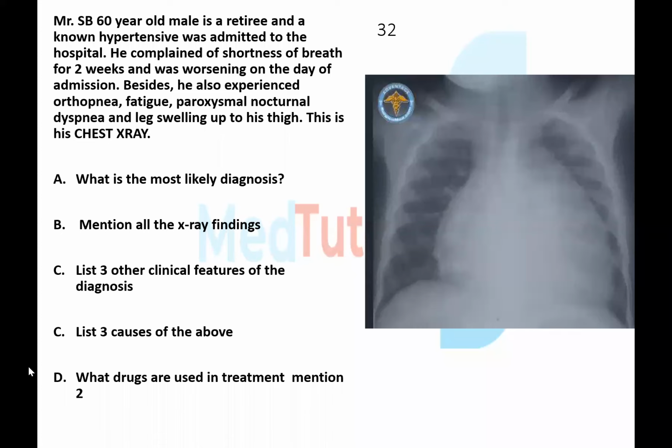Okay. What drugs are used in the treatment of the above disease mentioned? So how will you treat this condition? Among the drugs there is diuretics, because you need to reduce the body fluids.